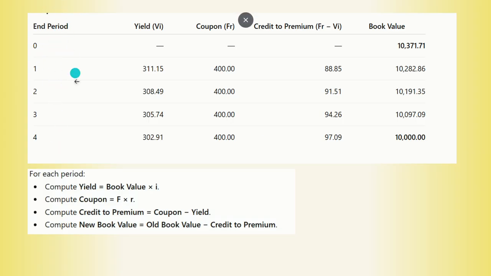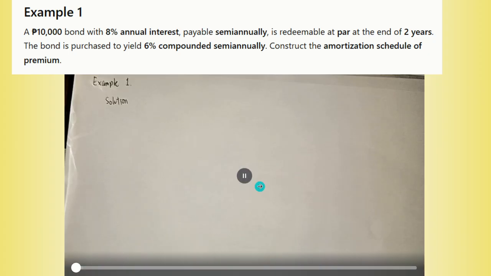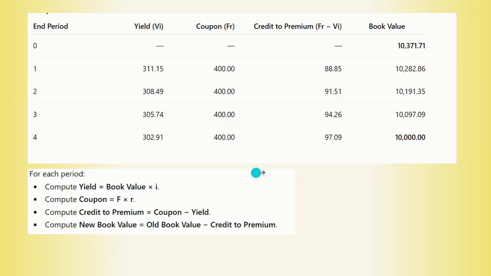We have yield, coupon, credit to premium, and the book value. The book value starts at the premium and gradually decreases until it reaches the redemption value.